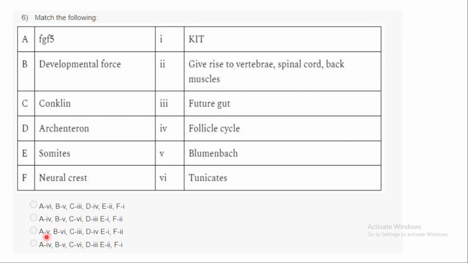I see 2 students have answered. Ajay has answered option 4. Dipanvita is also saying option 4.